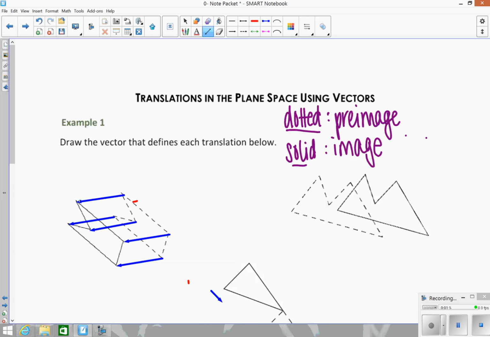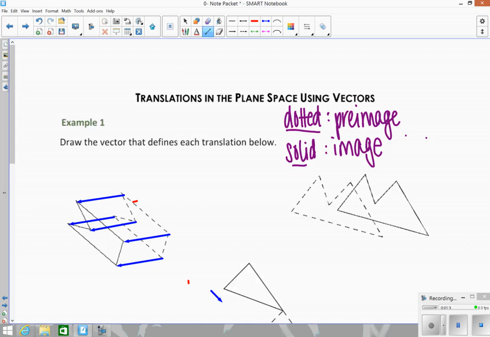So if you look, here's all of the pre-image points. They're getting mapped to these image points. So you can see that these vectors look like they're the same length, as well as they're all going in the same direction, and they're parallel to each other. So that's going to be important when we go to construct a translation in plane space.